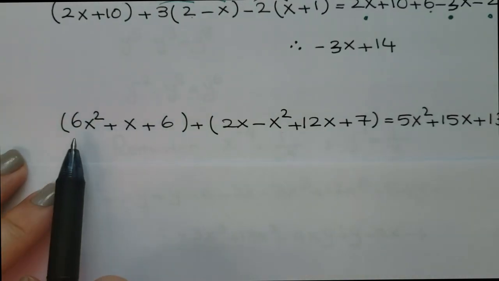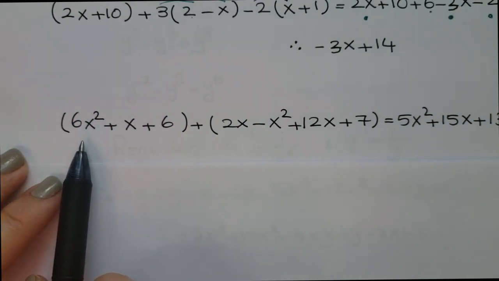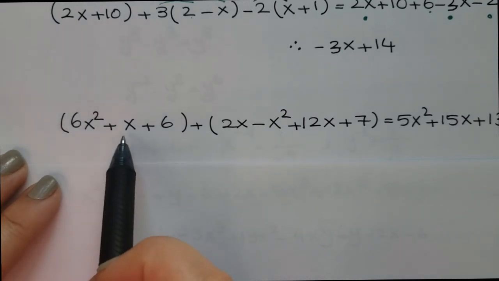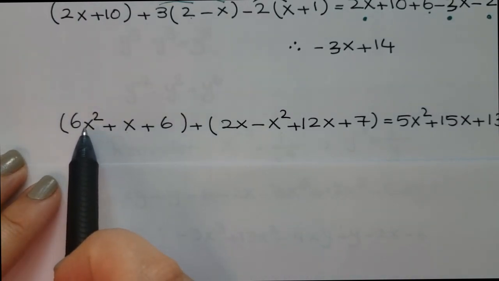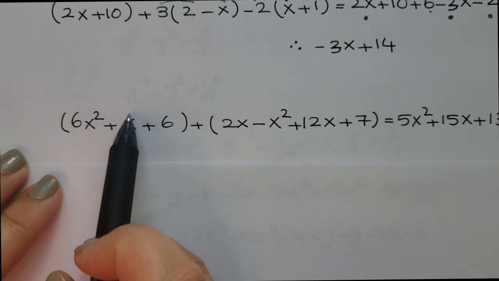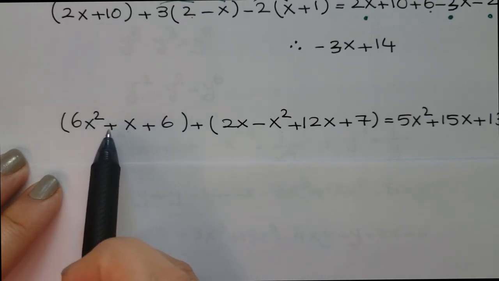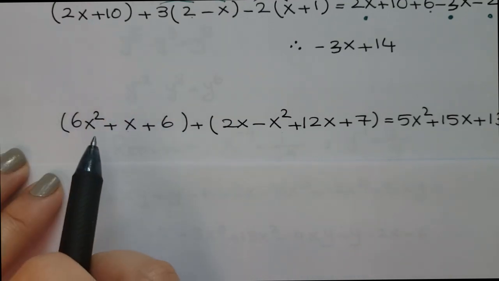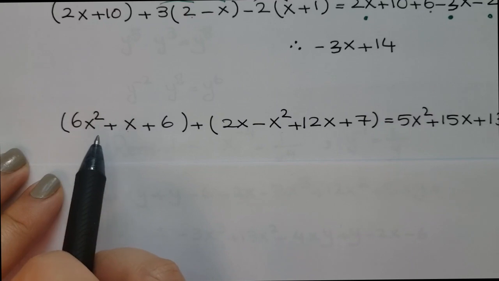Here, this one, it's a little bit different from the examples we did so far because we have letter x, but one of them, the exponent is 2, the other one is 1. Okay, although the letters are the same, the exponents are different. So that means they are totally different things.